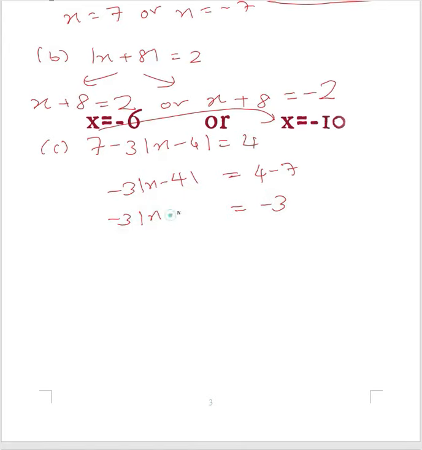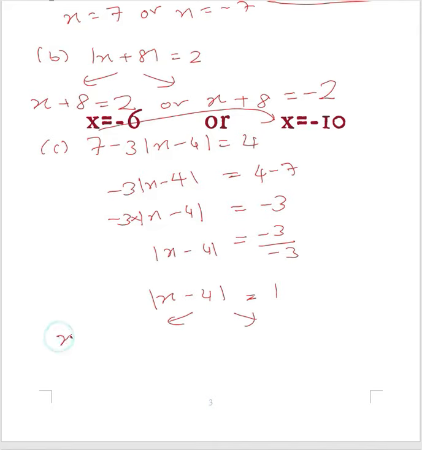But you still have -3 in front of the absolute value. To move this -3 to the right, since the operation between these two is multiplication, when you want to bring it to the right, you have to divide by -3. So the answer on the right is 1, and you have only the vertical bars on the left side.